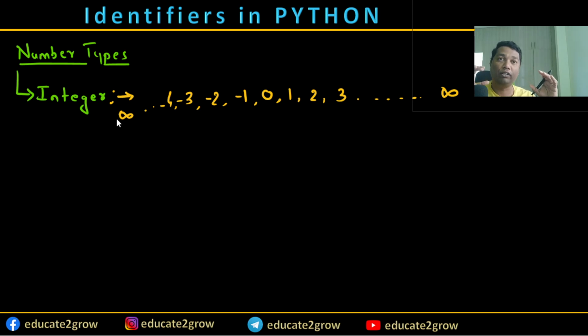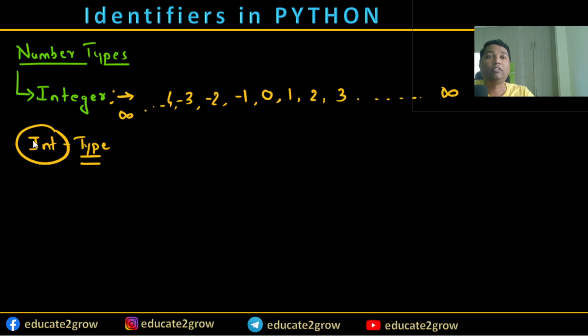Within that range you can use any numbers, and they come under the integer category. The type is called int type in programming.